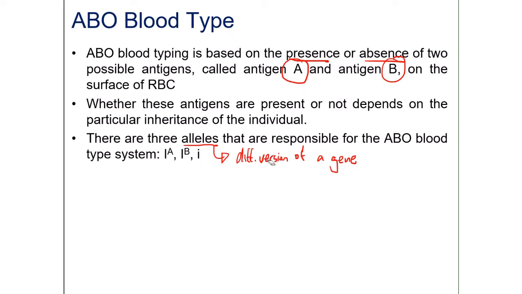So there are 3 versions of this gene, and they're called IA, IB, and little i. Okay? So you can combine these in various combinations because we're diploid. We have 2 sets of chromosomes. Even though there are 3 alleles in a population, at most you are going to be able to have 2 different alleles in your genome.